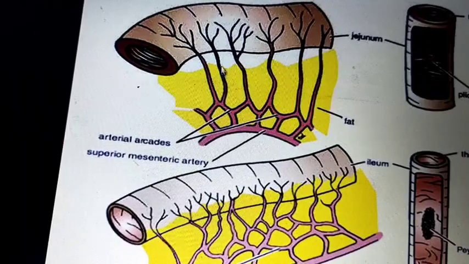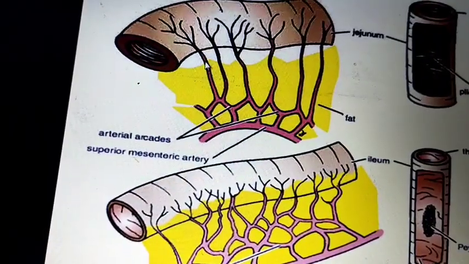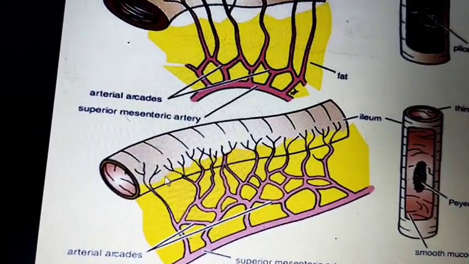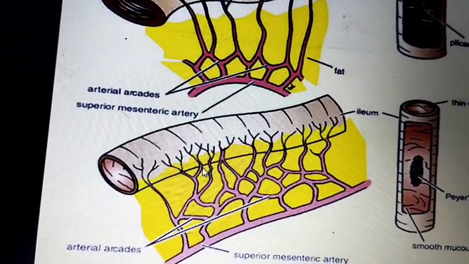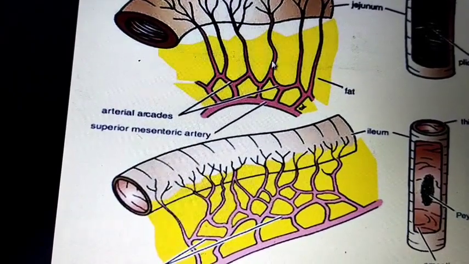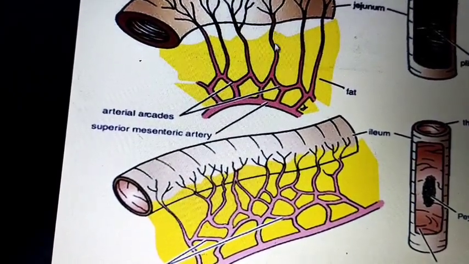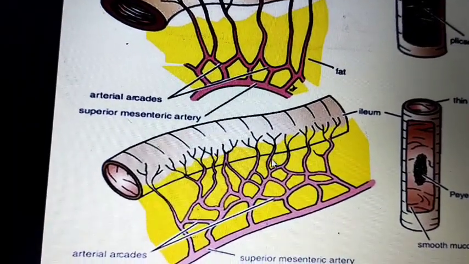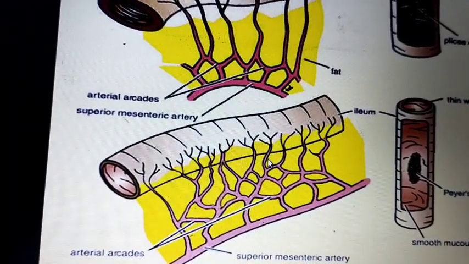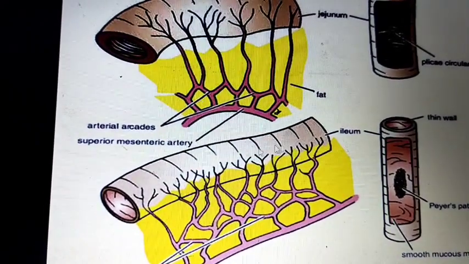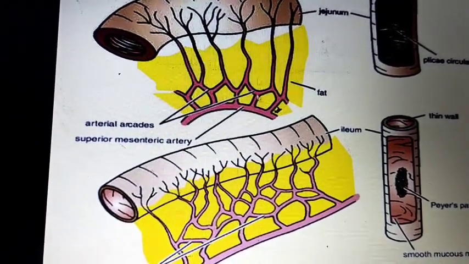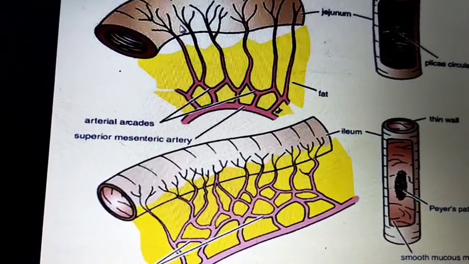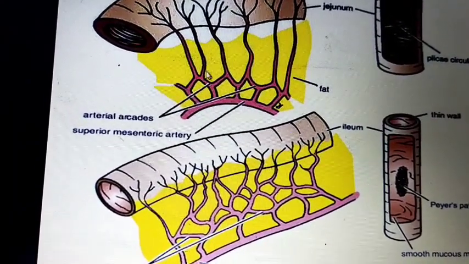This is also mesentery; there is free fat, and these are the windows. In the jejunum the windows are very clear, and the vasa recta, the terminal branches of the arteries, are long. And in the ileum the vasa recta are very short. This is the difference in fat distribution between the jejunum and ileum, and by this you can make out where the jejunum starts and where the ileum starts.